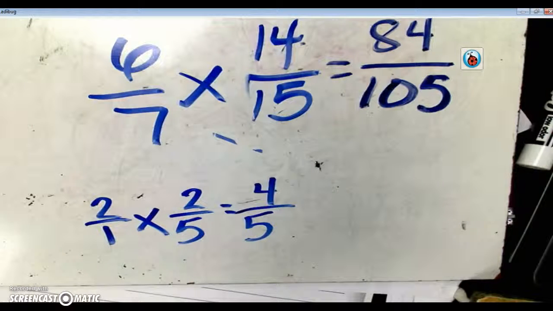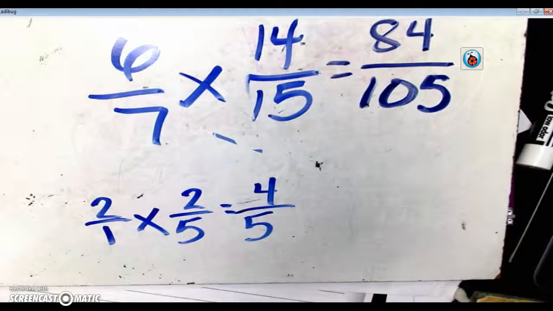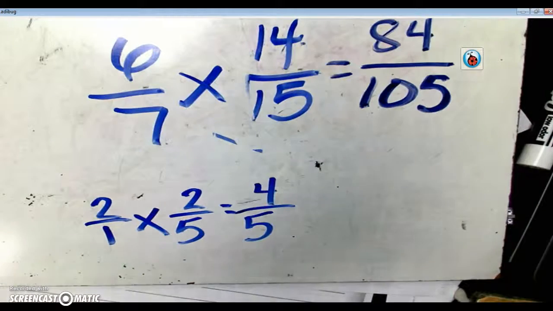How many of you can easily reduce that one? It's kind of ugly, right? She right? You agree? You want to divide it by 7?